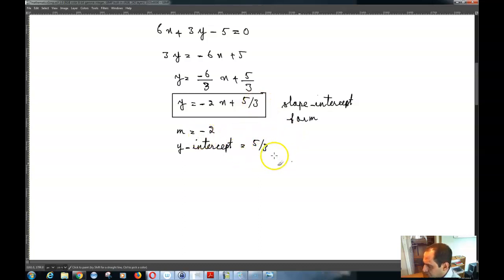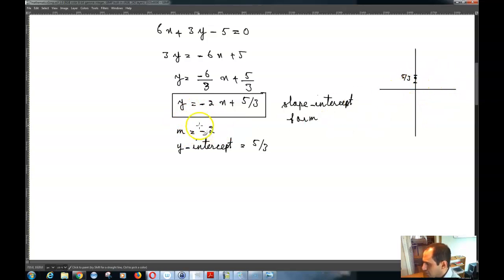So that means that the line goes through, if this is 1 2/3, let's say this is 5/3, this is 1 point on the graph of the line, and the slope is -2.